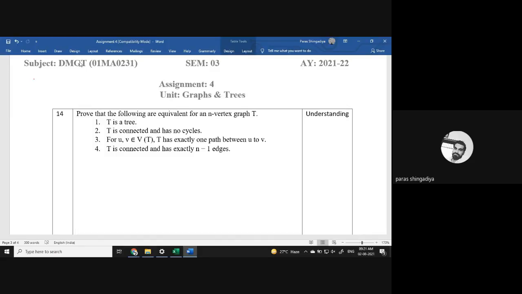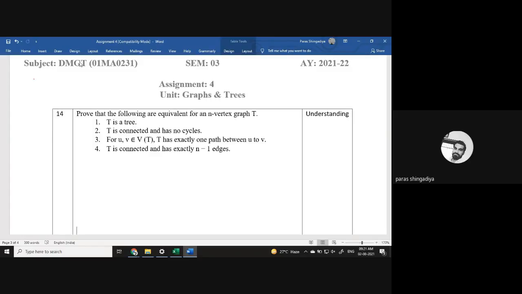Is there any query, any confusion in Hamiltonian Euler graph for anyone? Okay, nice.